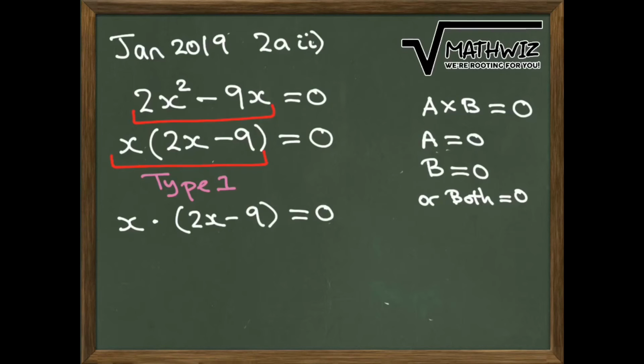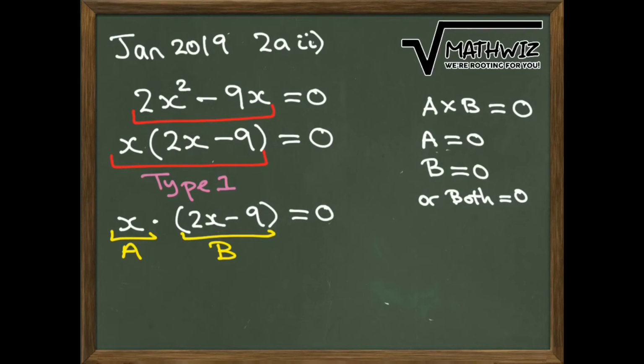So essentially, this is like our A times B is equal to 0.